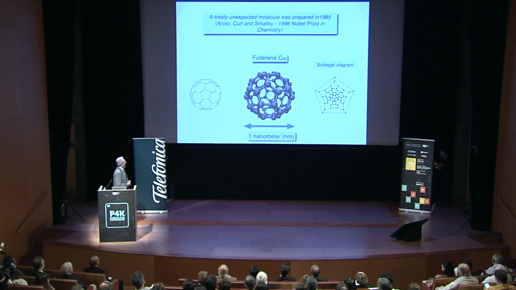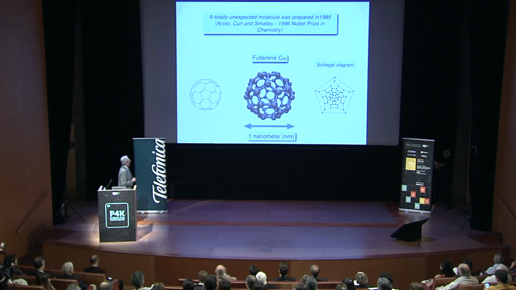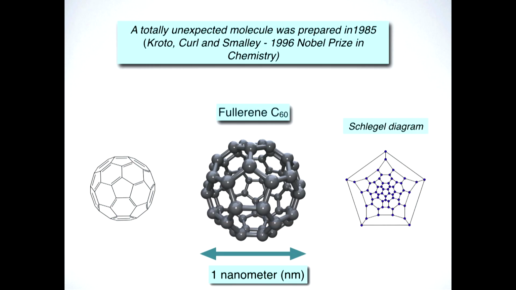Now a molecule which I would like to discuss with you, because it's really a fantastic molecule, which was discovered completely by accident. In English, we say serendipity, which means a happy accident. And the people who discovered it were trying to look for molecules found in space, in the interstellar space.